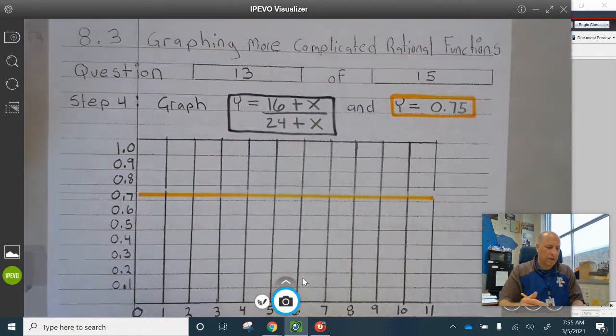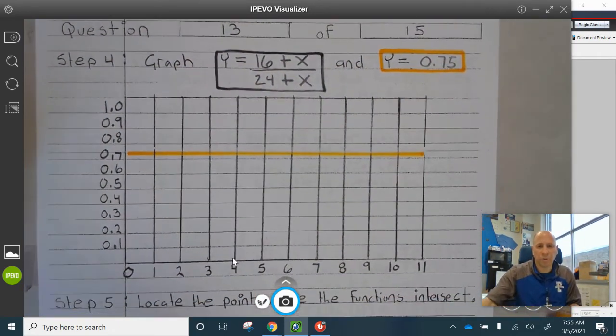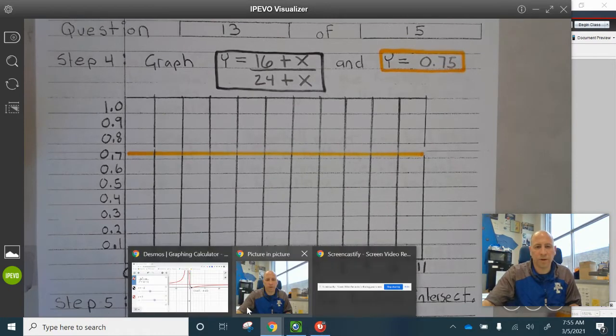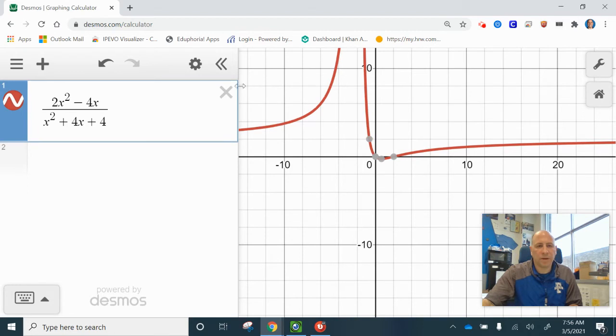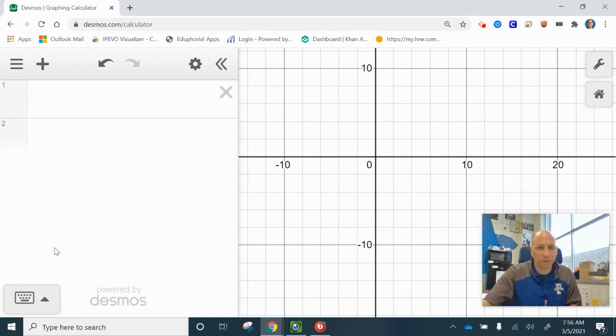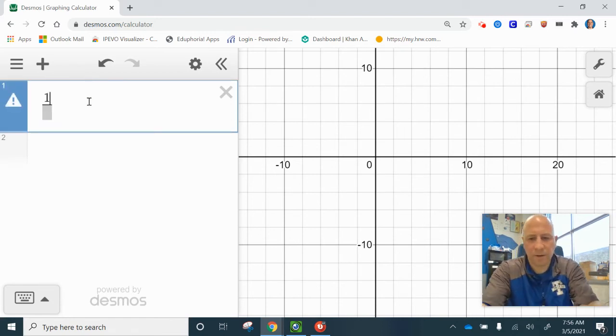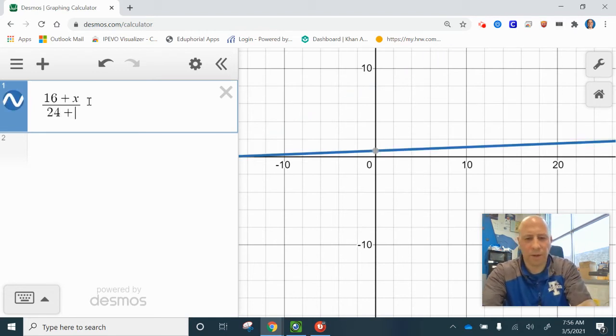And I think Desmos is probably our best decision for here. So I'm going to X out this, X out that, and let's just X out that and start over. So I'm going to press divide, and then that's 16 plus x. Oh, if I can type this in right, 16 plus x divided by 24 plus x.